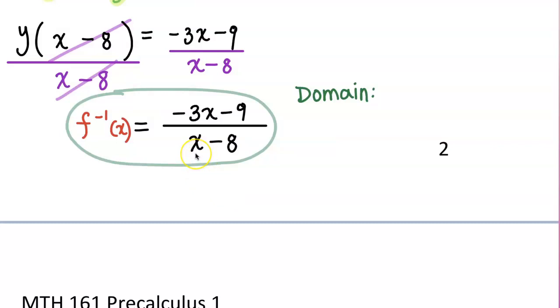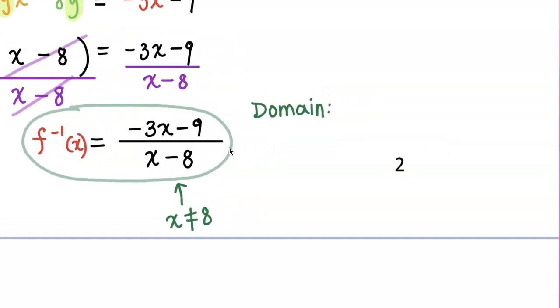So look, the bottom of the fraction has x minus 8. X can't be equal to 8, right? Because if x is 8, 8 minus 8 will give you 0 in the denominator, so that's not allowed. So the domain is going to be everything except for 8.